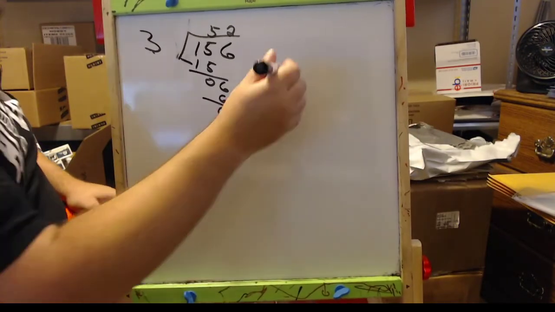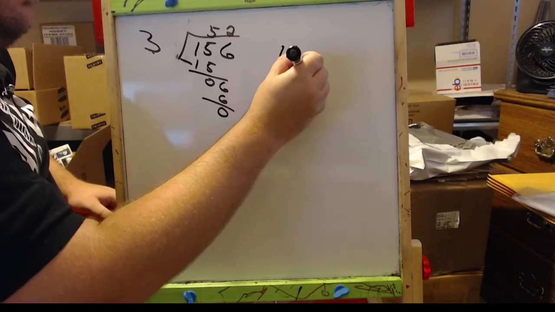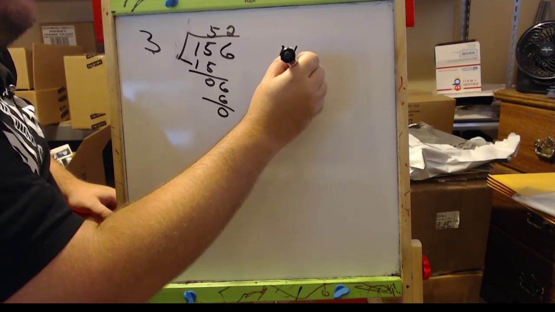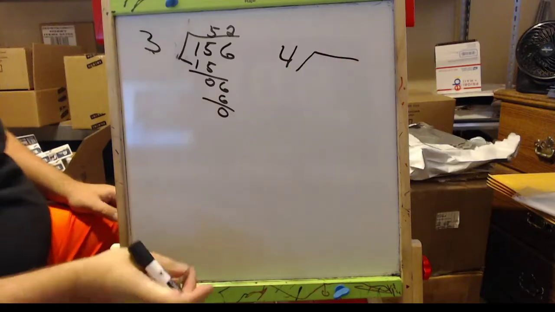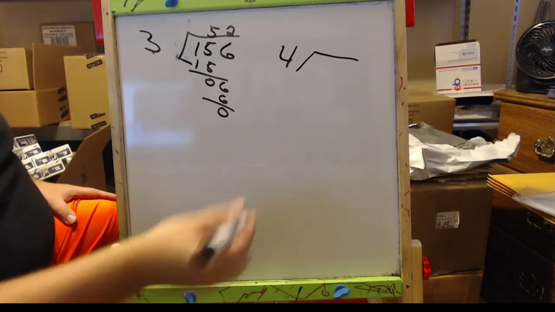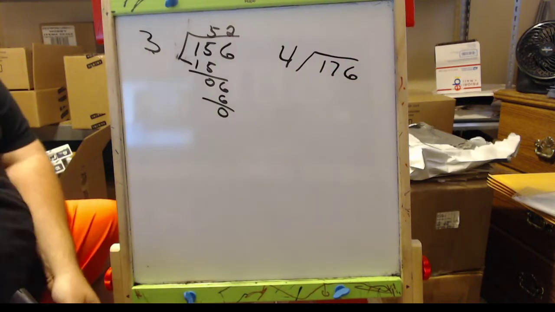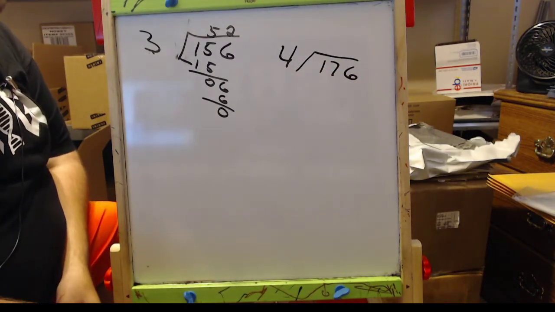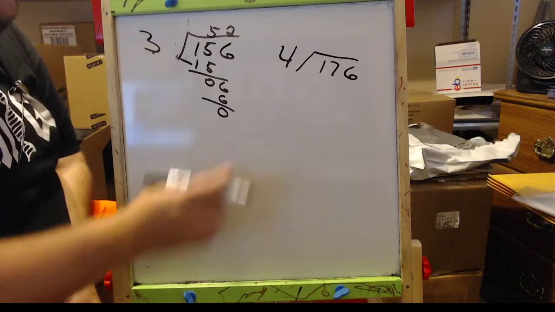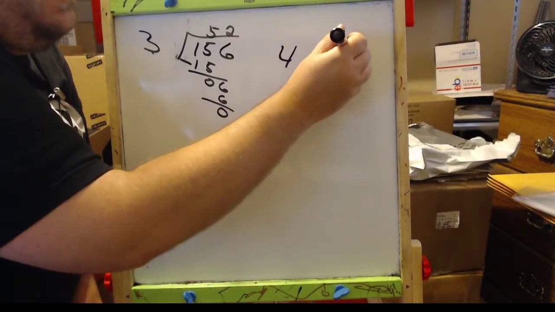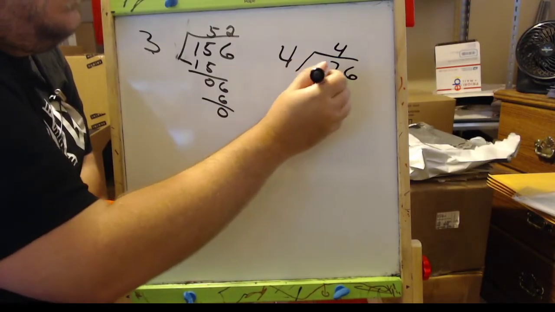Okay, let's try another one. Let's do 4 divided by, I don't know, 176 divided by 4. So 4 into 176. All right, 4 doesn't go into 1. 4 goes into 17 4 times. 4 times 4 is 16, though.